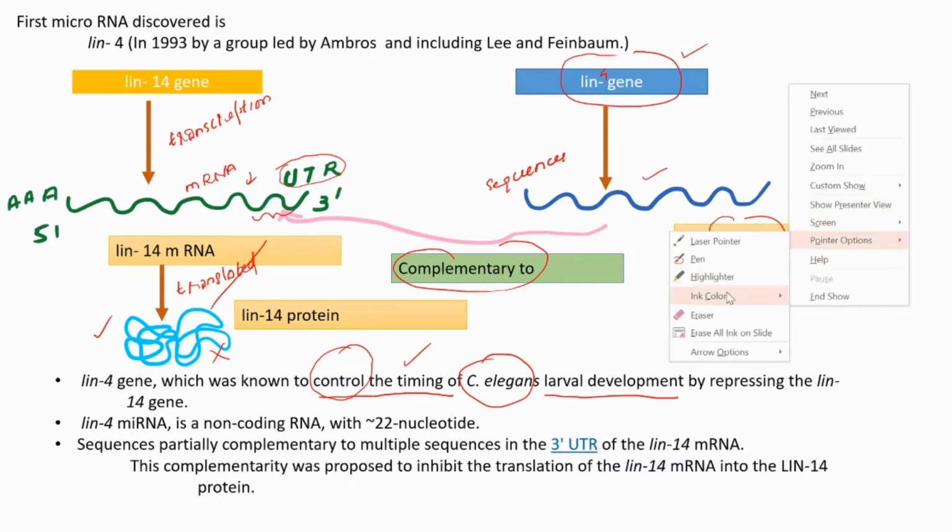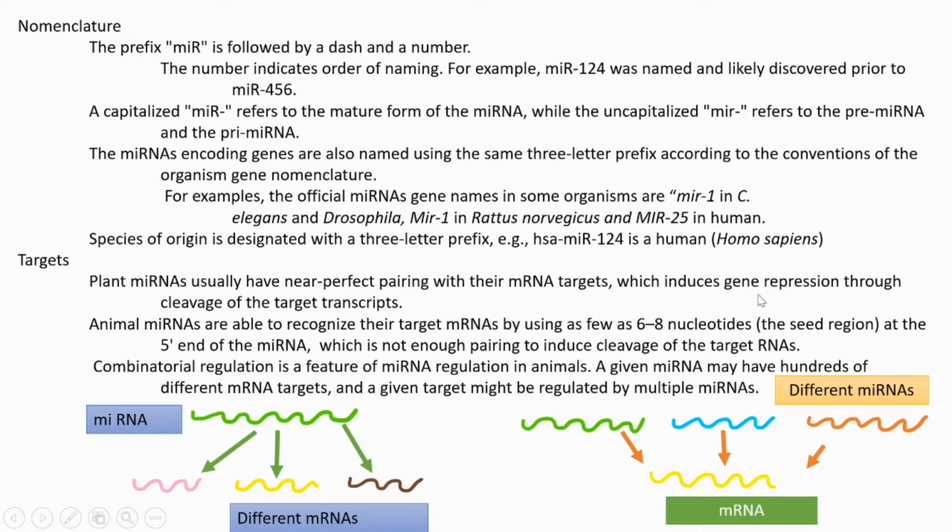Next, moving to the next slide regarding the nomenclature. How are we naming this microRNA? Naming is actually done with a 3-letter prefix. Prefix means these 3 letters come in front, followed by a number, and this number denotes which miRNA was identified or discovered first. So look at these two miRNAs, 124 and MIR 456.